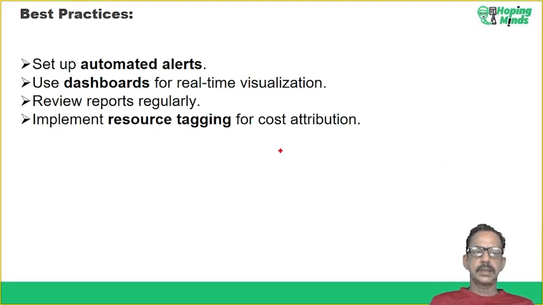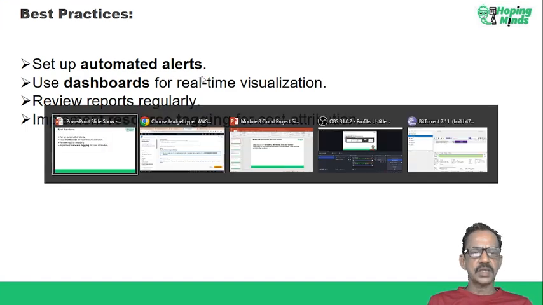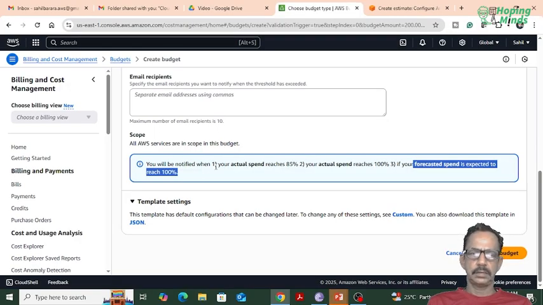So best practice, set up automated alerts. Like we set the automated alert previously in our last video for overutilization. In the same way I have shown you, you can set the budget here. Alerts when the budget is going to exceed 85% of your estimated cost, then when 100% is reached.